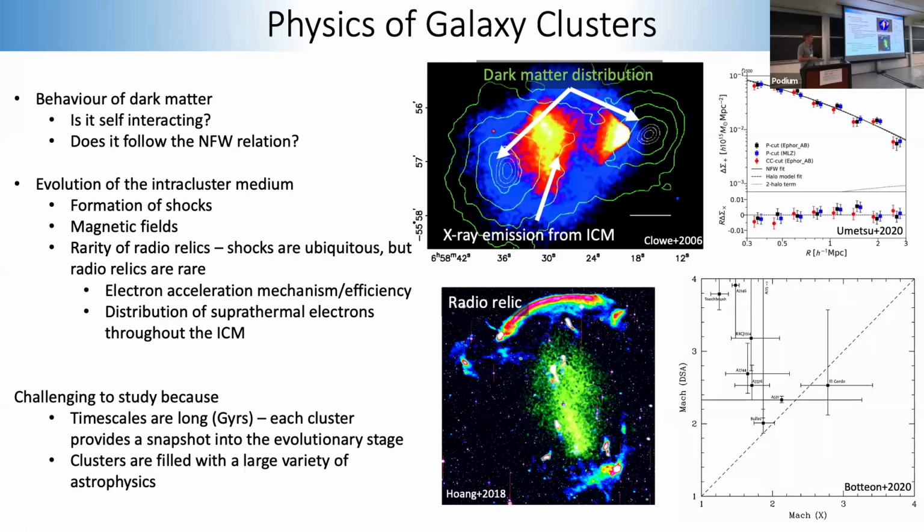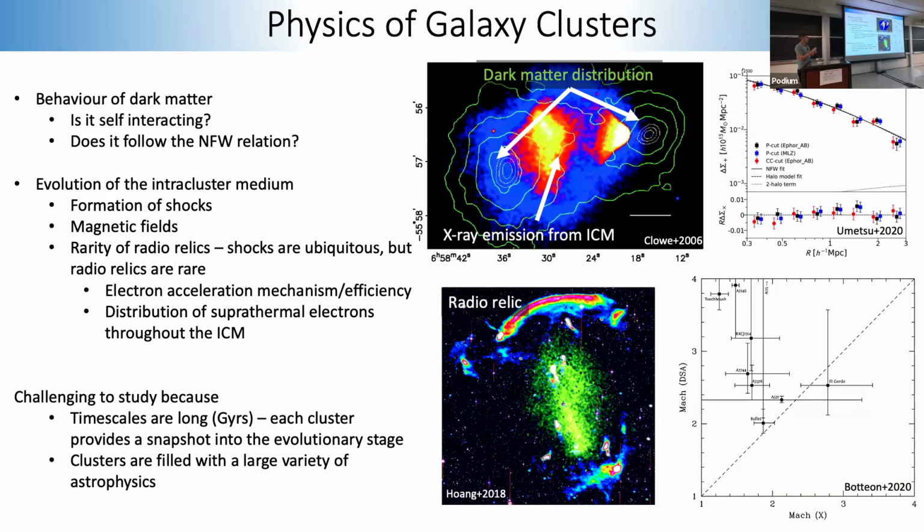These clusters have collided. And shocks have formed. We have a shock in the south, shown here in jet, and one up here in the north. And this is the sausage relic in the north, this really nice arc-shaped merger-induced shock wave that's emitting synchrotron emission from electrons being accelerated in the magnetic field at the shock front.